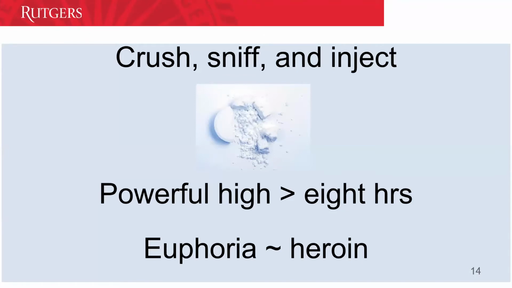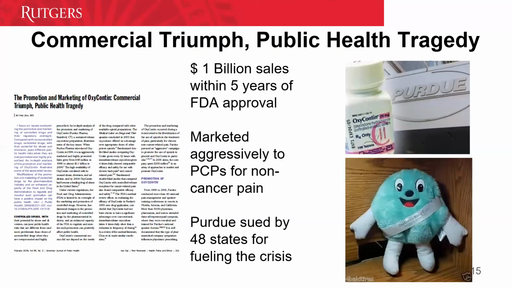And again, as one can crush, sniff, or inject Oxycontin, the euphoria of this is as powerful as that of heroin. This can lead to a very powerful high that can last over 8 hours. And Purdue was largely successful in their campaign for marketing them.